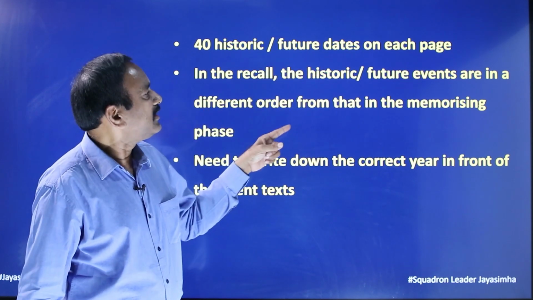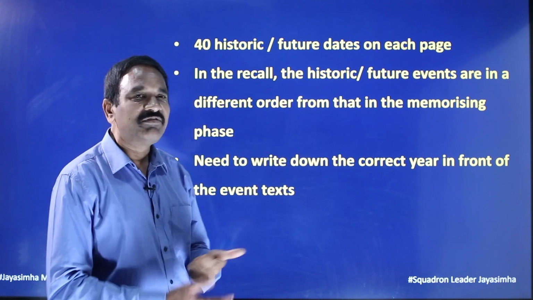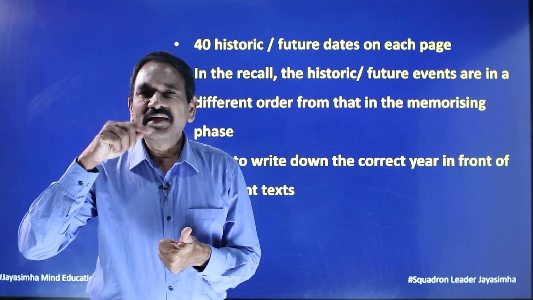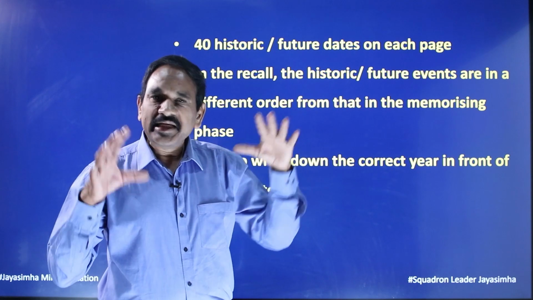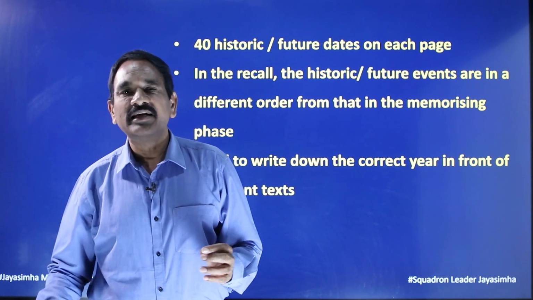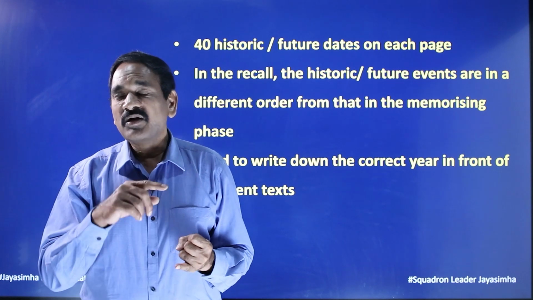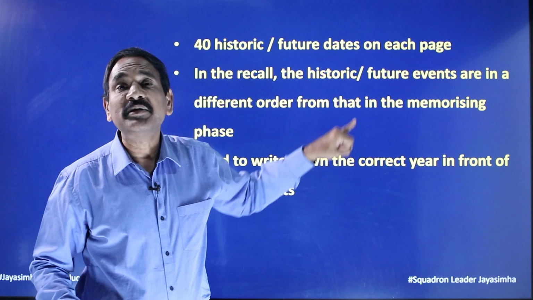In the recall, the historic future events are in a different order from that in the memorizing phase. That means 5 minutes you get to remember. When recalling time comes, what will happen? The screen will appear. The events will be there on the screen already, but not in the same order. The first one, imagine, cat married dog, will be first in memorizing, but this time it may be 24th.